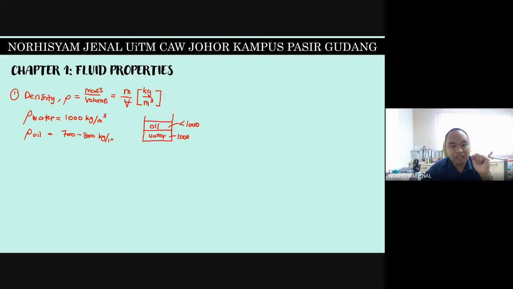Don't worry, you should not have this number in your head right now, because the number is changing depending on the type of oil that you have. But normally, every single oil should have a lower density compared to water all the time. That's why oil will always be on top of water.